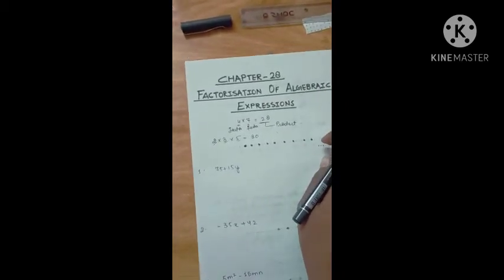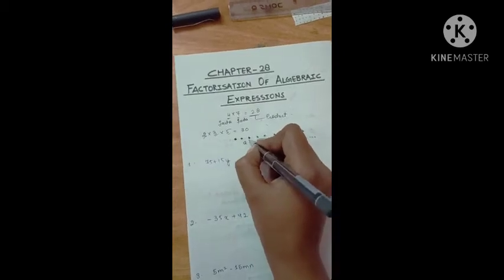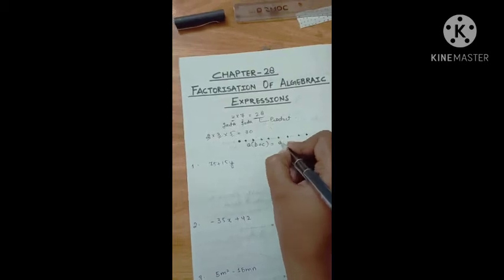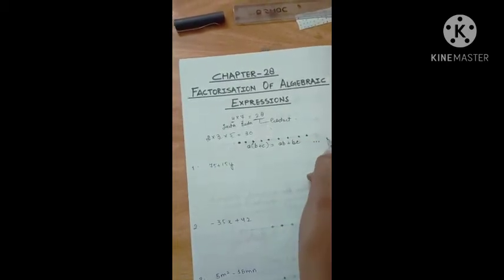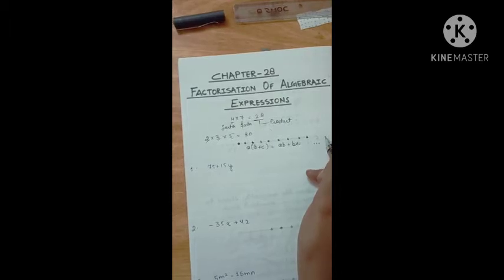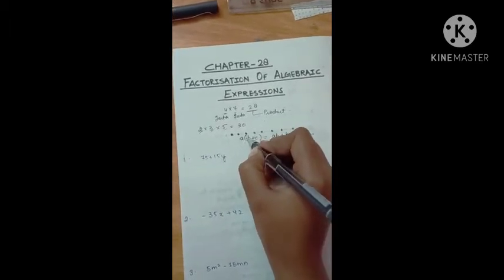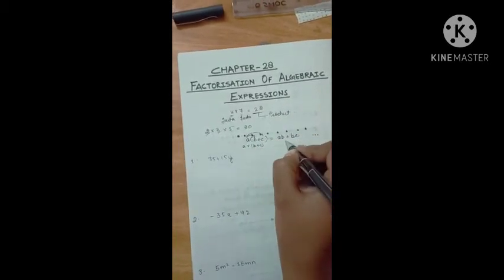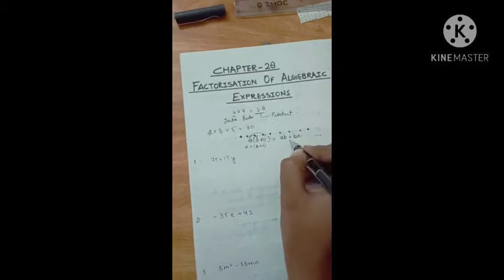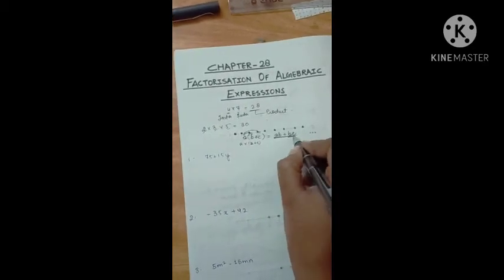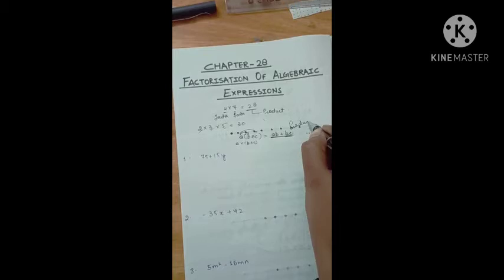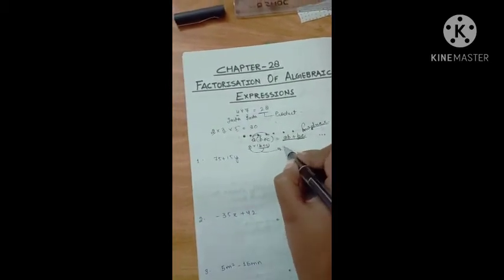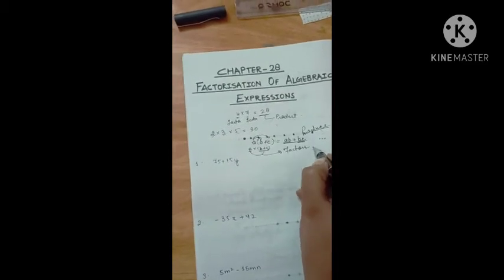So similarly, if I write a(b + c) = ab + ac, here we have multiplied a and b plus c, these two terms, to get this product. So this is the product, right? So here a and b plus c are the factors, right?